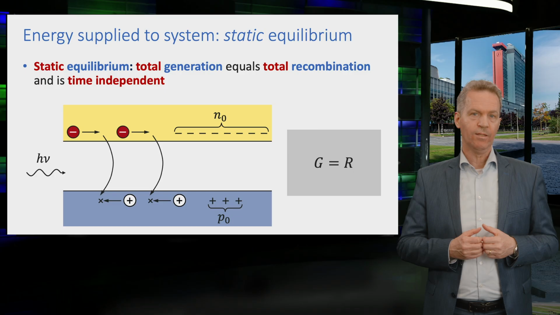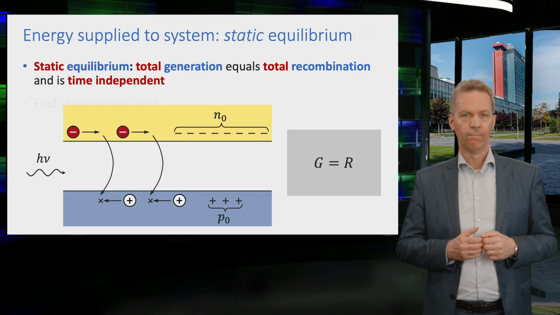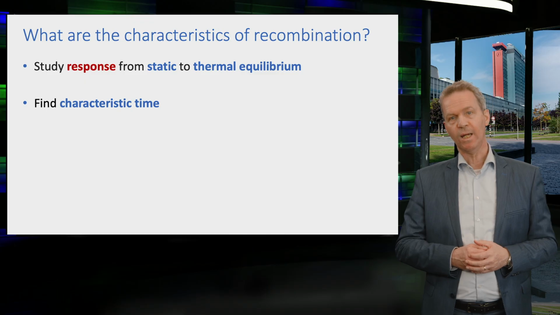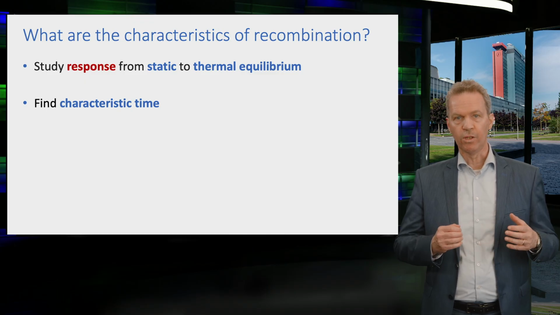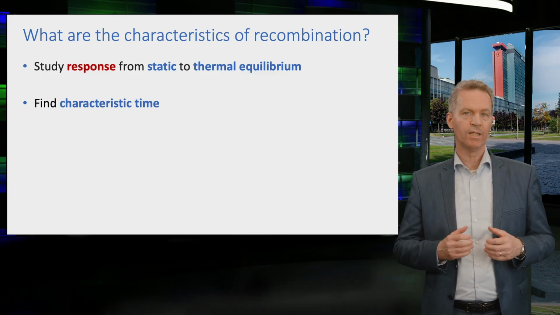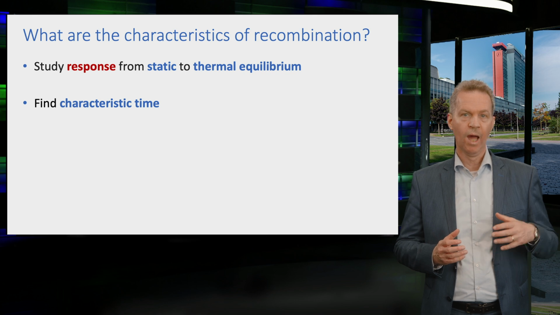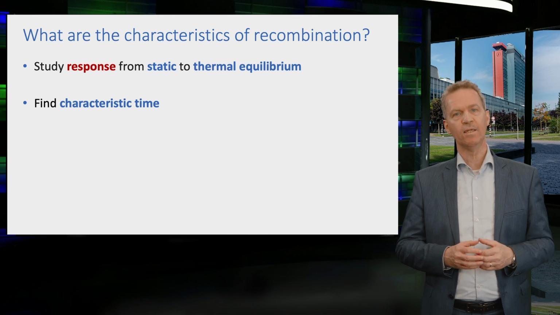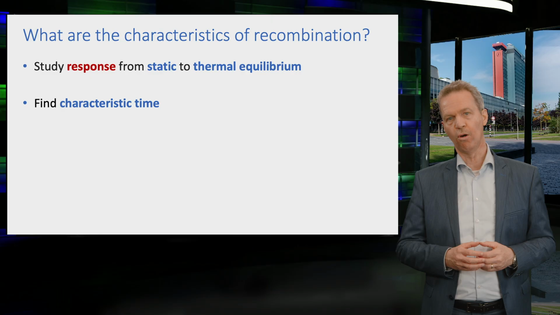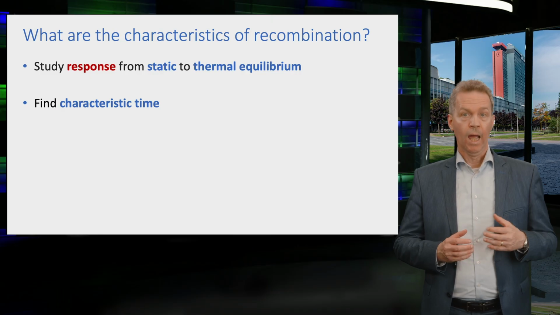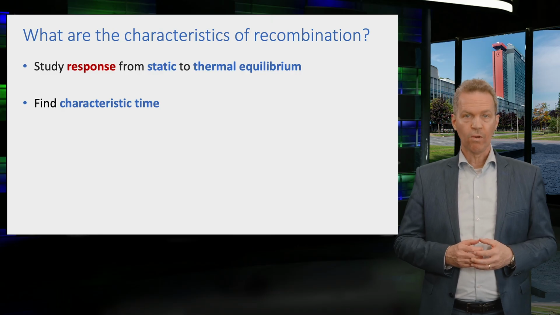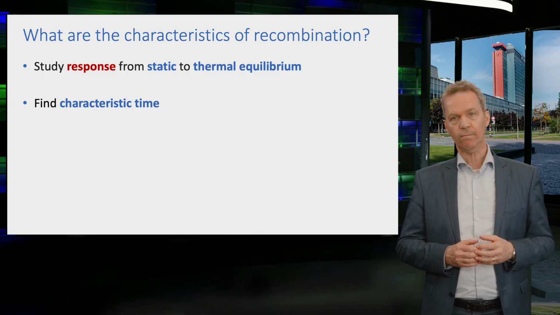We now turn our attention to the characteristics of the recombination rate. We do this by looking at the response if we turn off the external generation at time t is 0 and look at the response of the system as it relaxes to thermal equilibrium. In particular, we will be interested in the characteristic time of this relaxation process.